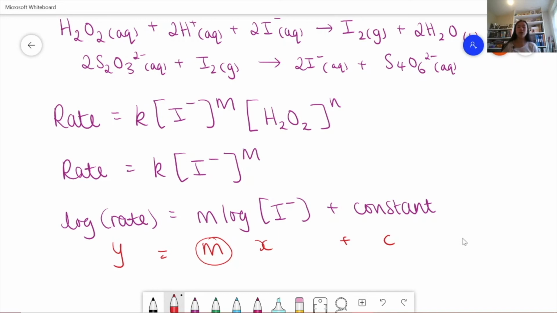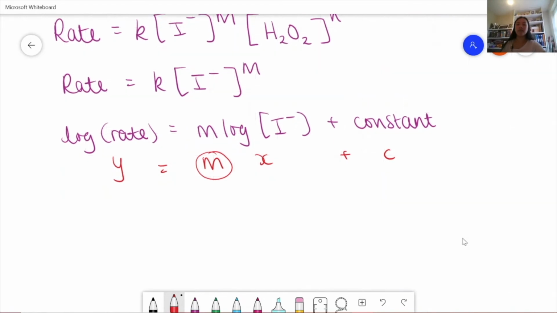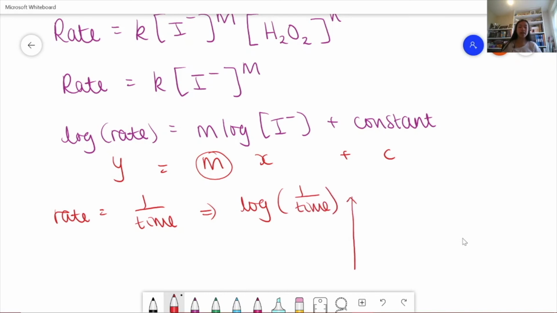And the way we plot log of the rate is if we do log of 1 over the time, because rate is proportional to 1 over time. So we plot log of 1 over time as the y-axis, and on the x-axis, the total volume of each of the solutions in each experiment is constant.